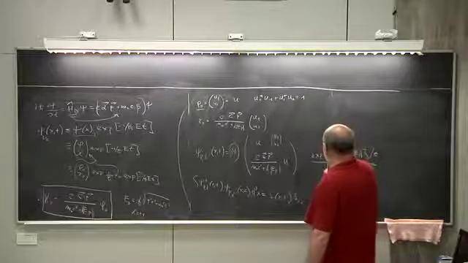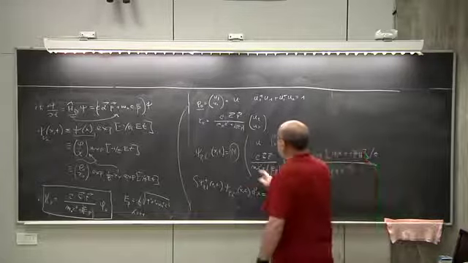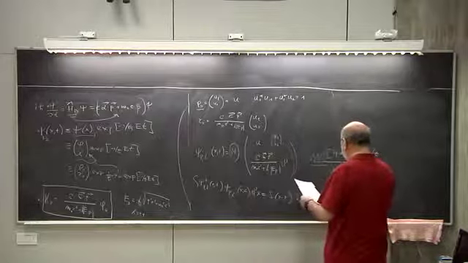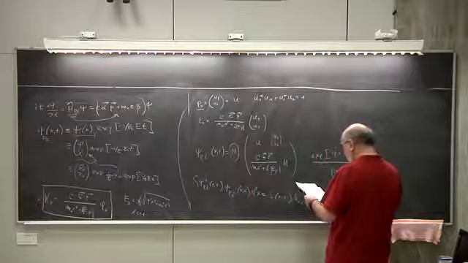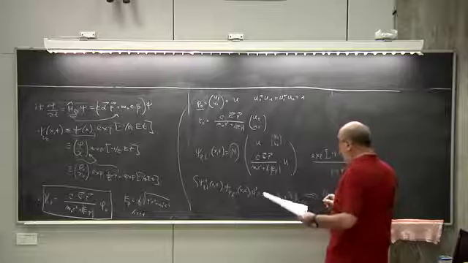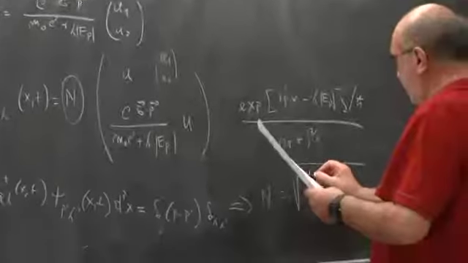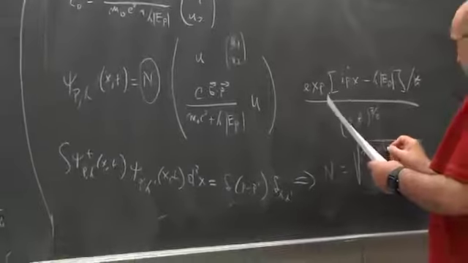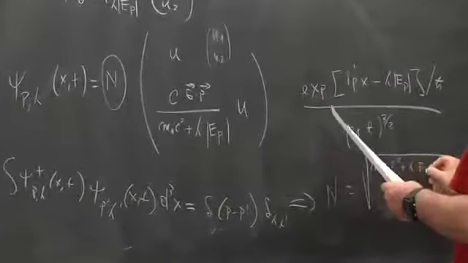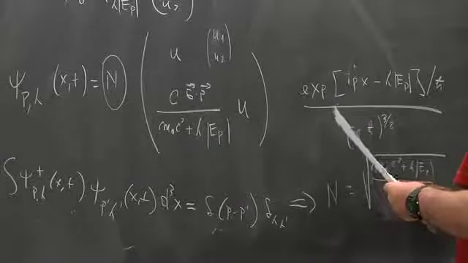So let's normalize. If you normalize in this sense and plug it into this expression, you get for n, and I will not reproduce here all the details of the calculation, you can find them in the book, the following. This normalization factor is m0 c square plus lambda EP over 2 lambda EP.